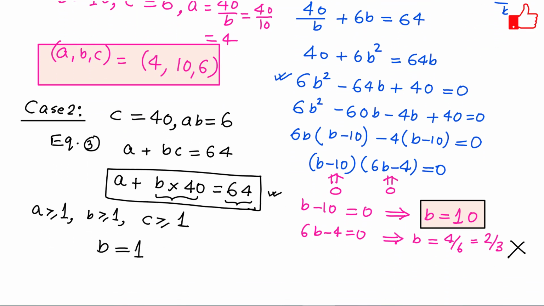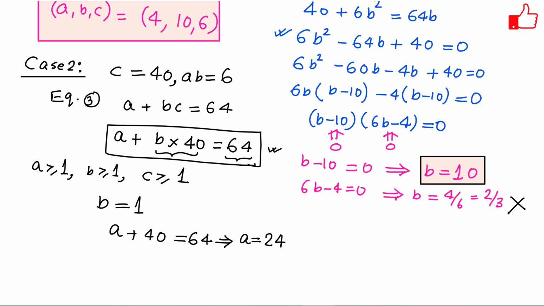So if B is equal to 1, what is the value of A? A plus 40 is equal to 64. This means A is equal to 64 minus 40, that is 24. So A is equal to 24 and B is equal to 1 and C is equal to 40.